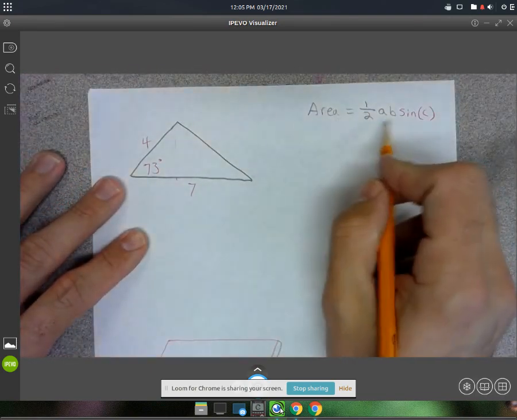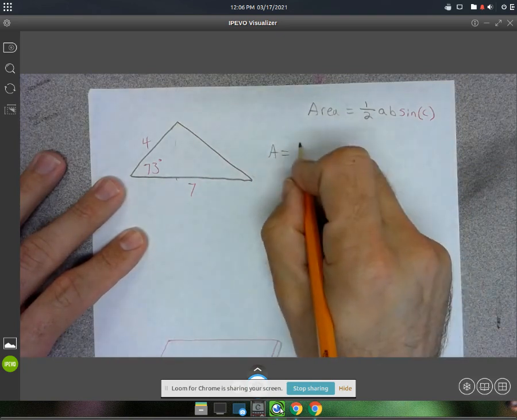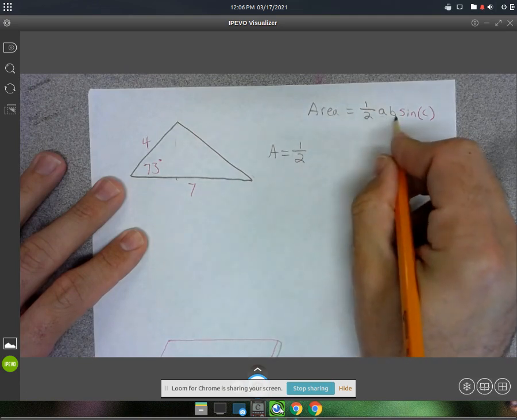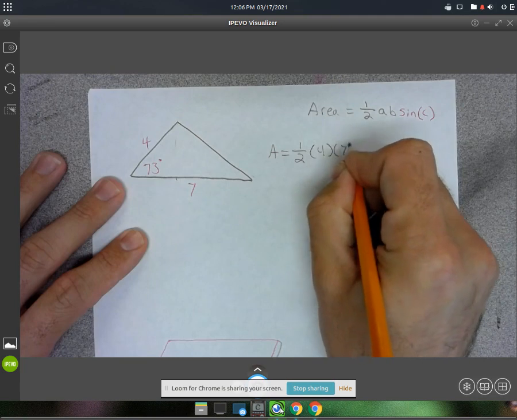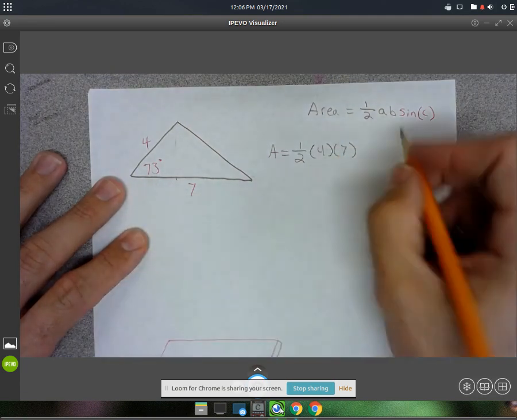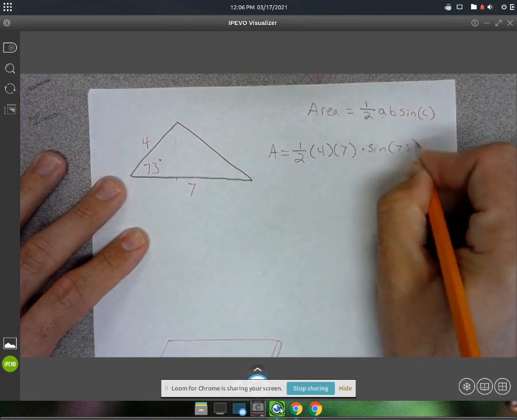But since we just learned this little trick, we're going to apply it. The area is going to equal 1/2. I'm going to multiply the two sides, so a and b are like my 4 and my 7, and c is the included angle. So times sine of 73.